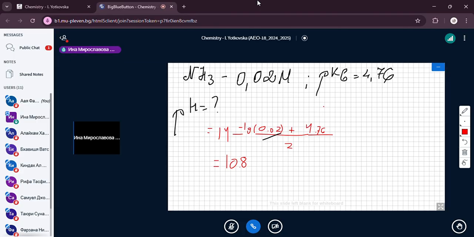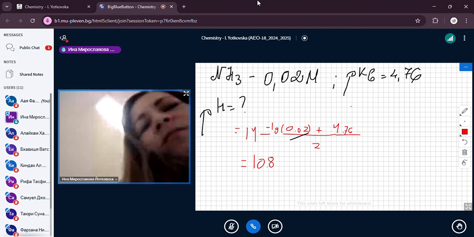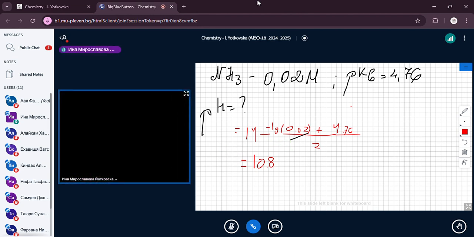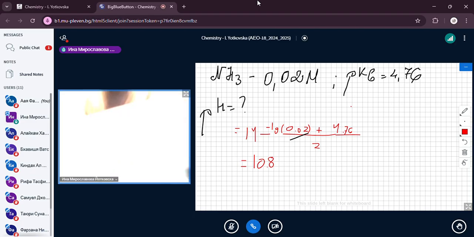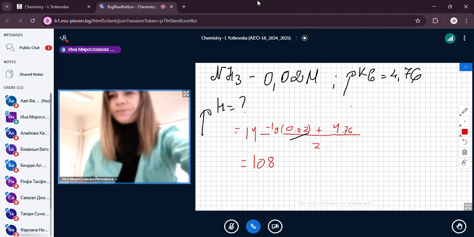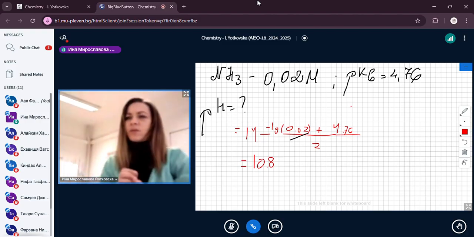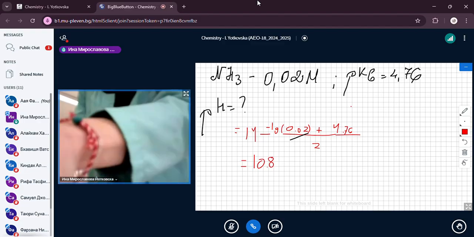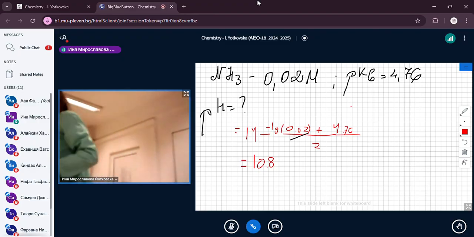Now, I turn on my camera. Just a second. I hope the quality will be good enough to be able to see everything that I measure and show as a result.